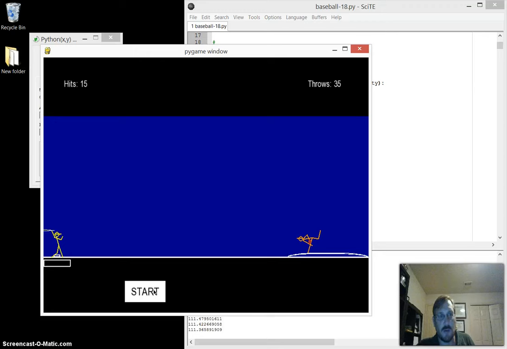I could model a strong hit by making that 1.5 or something like that, or 2.5. I'm not really sure what the correct size would be. I haven't made this in such a way that I could see what the range is.